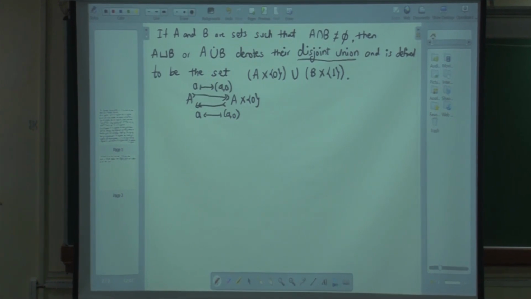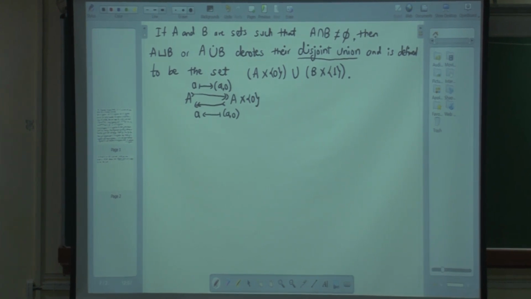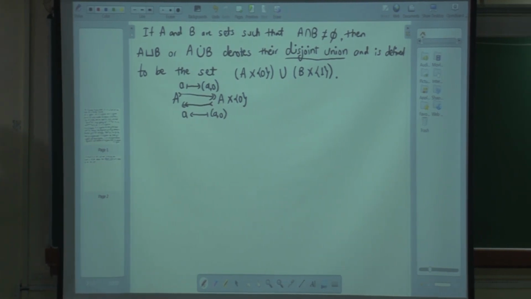Why is disjoint union interesting? Because if you want to sum their cardinalities, the cardinality of the disjoint union will be precisely the sum of the individual cardinalities, whereas the cardinality of the union need not be. It satisfies the inclusion-exclusion principle.